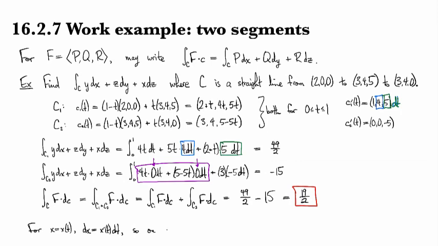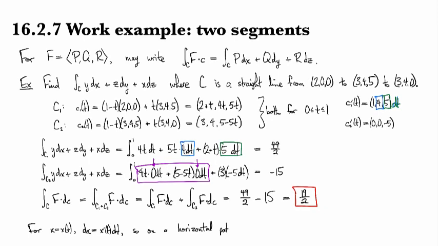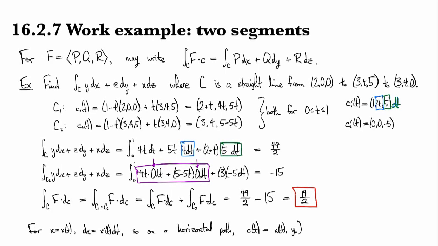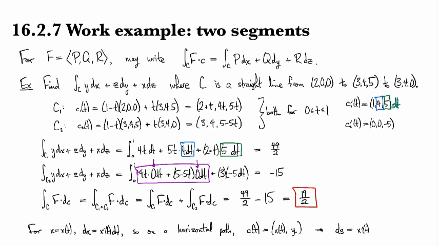So on a horizontal path, in other words, when C looks like only the x coordinate's moving, and the y coordinate is some fixed constant y naught, then ds ends up being x prime of t dt, which is dx.